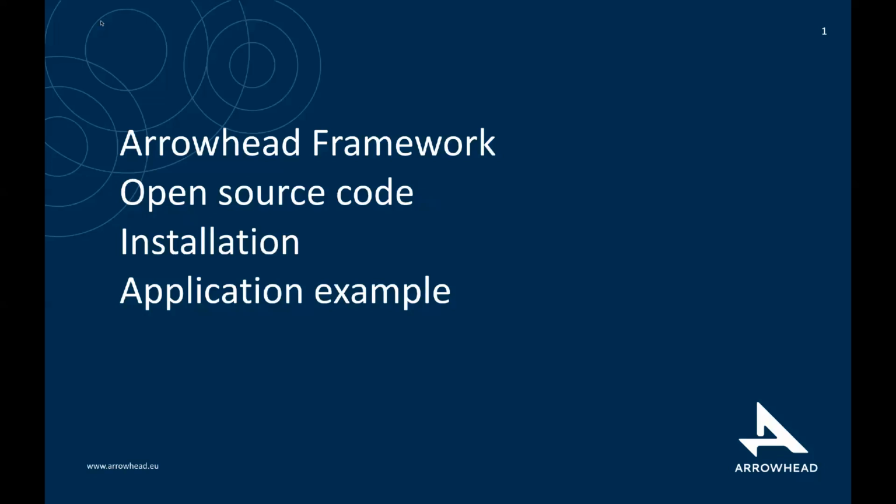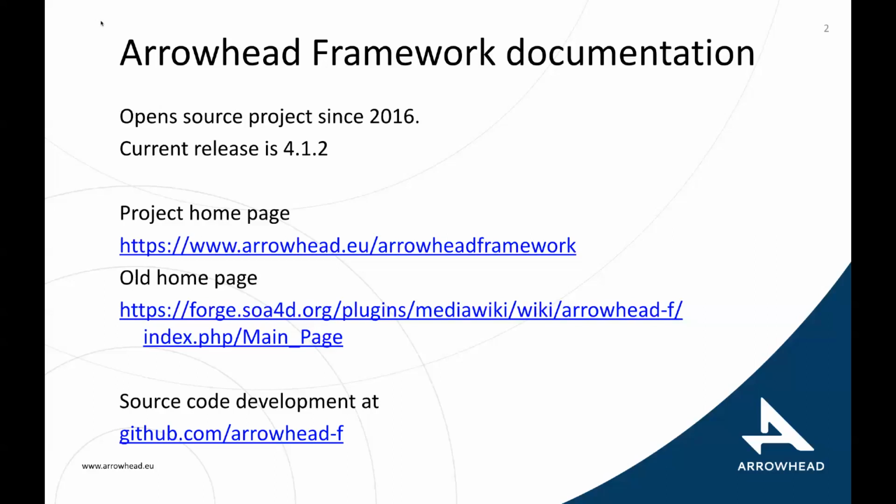So where do we find code, installation and application examples, and so on, and what documentation is available? This is the last part here. So Arrowhead Framework went open source in spring of 2016. The current release is version 4.1.2. There is a project homepage.